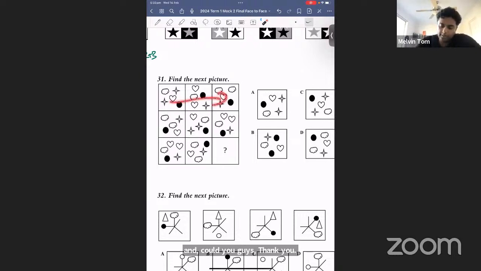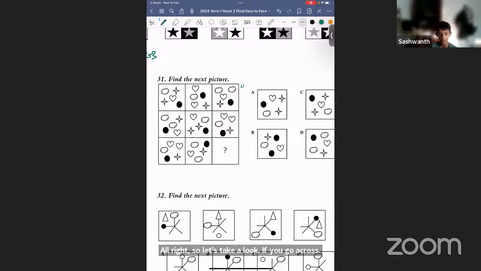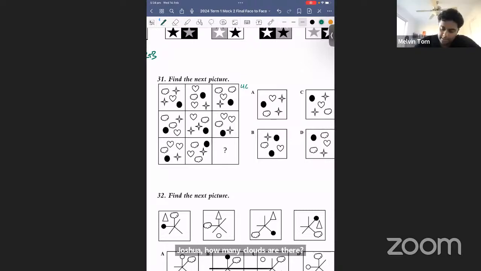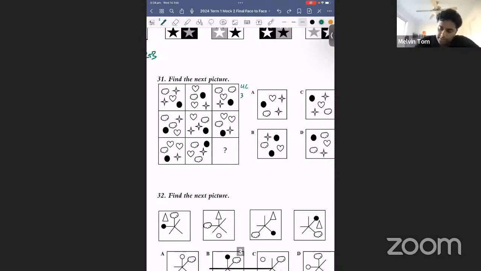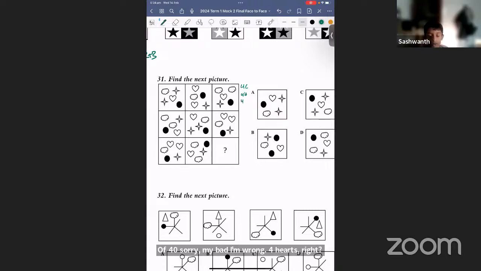All right, let's take a look. If you go across, Shashwant, how many clouds are there? 4. Good. How many hearts are there? 4. How many stars are there? 4.